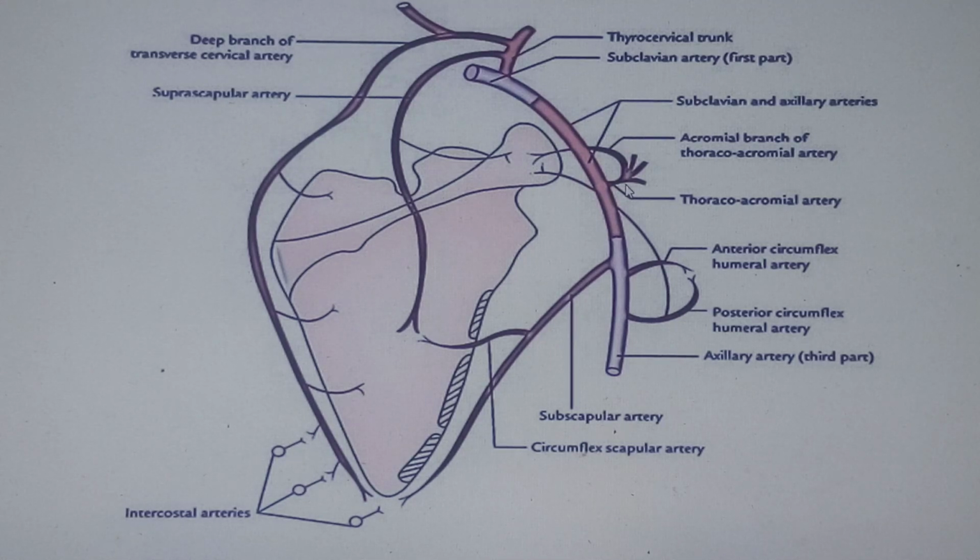Now I told you that this anastomotic connection is mainly between the first part of the subclavian artery and the third part of the axillary artery, but also from the second part of the axillary artery, I see one important trunk, and that is the thoracoacromial artery or the acromiothoracic artery. This artery gives off 4 branches, the APCD branches: A for acromial, P for pectoral, C for clavicular, and D for deltoid.